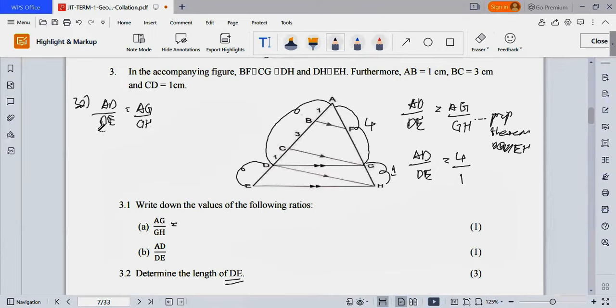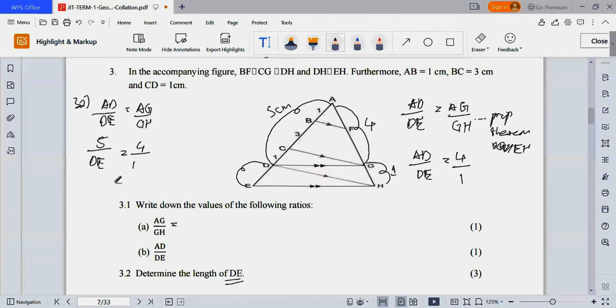Now, if we are considering the true lengths of AD over DE, we only have the true length of AD, which is 1 plus 3 plus 5. This gives us 5 centimeters. So we go ahead here and substitute 5. We don't have the length of DE, so we'll say DE here. But then what is our AG? AG is represented by that 4 there, and then over what? Over 1.